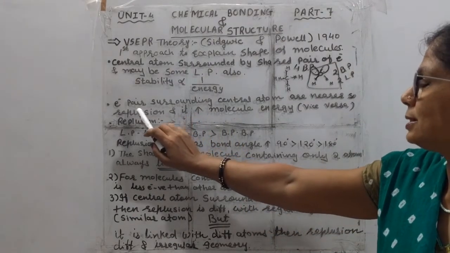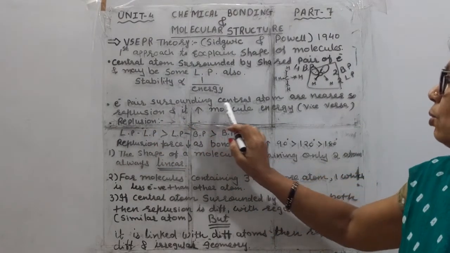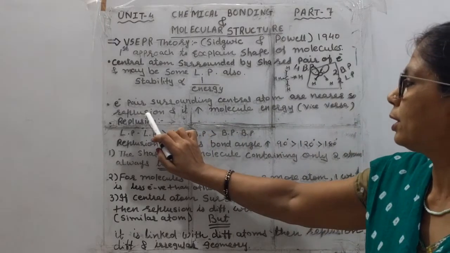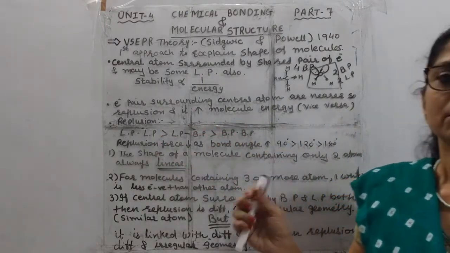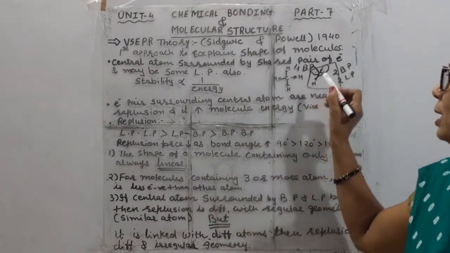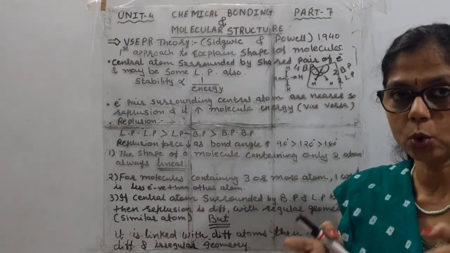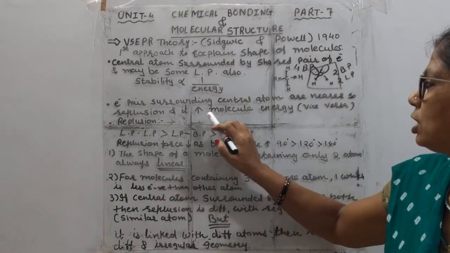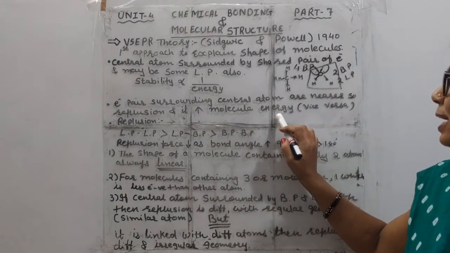Next postulate, as I said, electron pairs surrounding the central atom are nearer, so the repulsion takes place. Means the central atom से बाकी के atom इतने near रहने की कोशिश करेंगे ताकि repulsion हो सकता है, and which increases the molecule's energy.